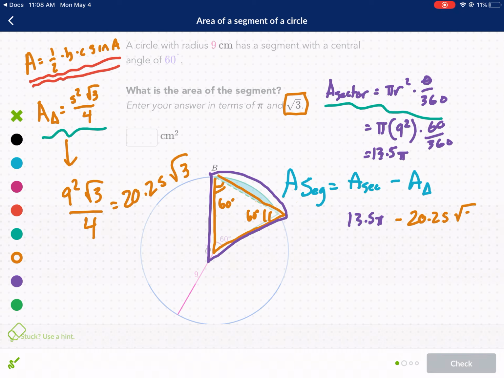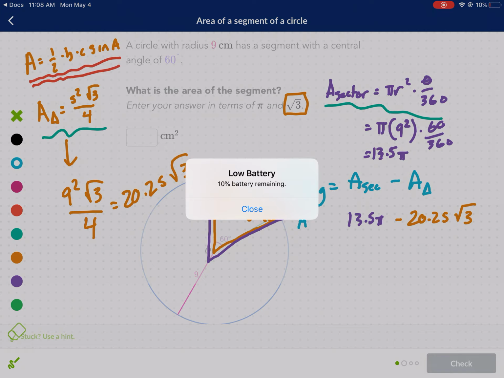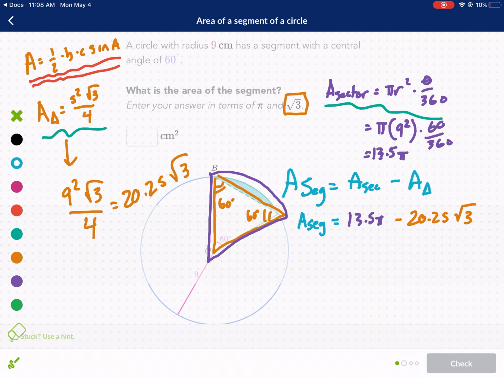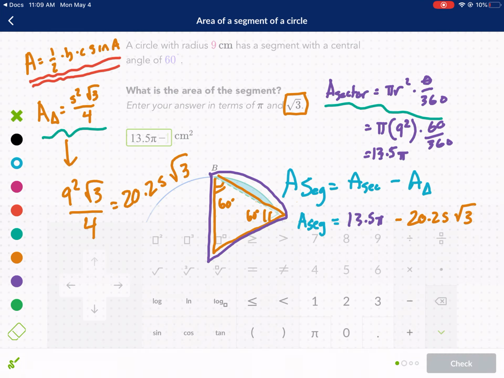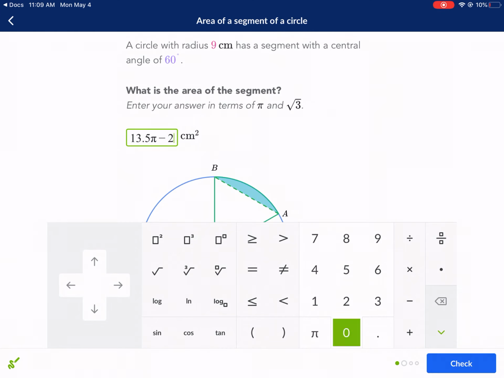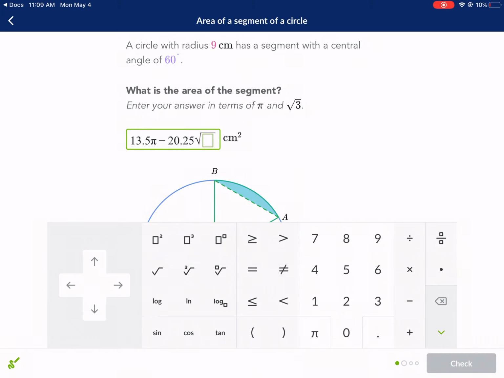Now, there's nothing I can simplify further here because there's a pi and a radical 3, they're not like terms, so we're just going to leave them. So we're going to have 13.5 pi minus 20.25 radical 3.